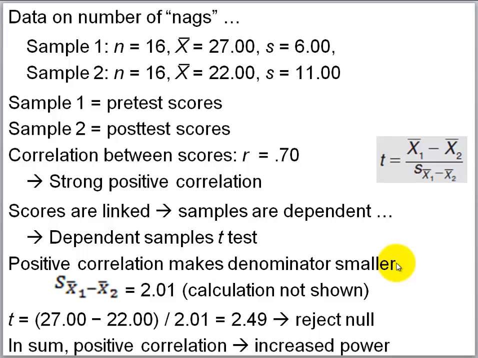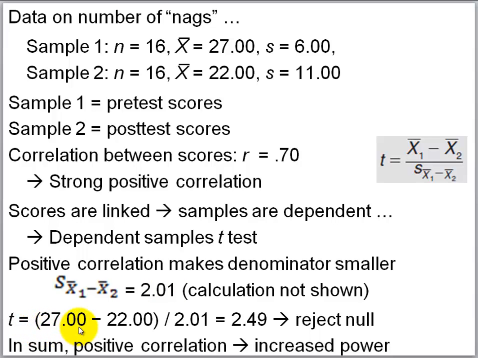Positive correlation between scores in the two samples has the effect of making the denominator of the t-test smaller. It makes the estimate of the standard error of the difference between means smaller. And so in this case, that calculates to be 2.01. Now let's go ahead and calculate t.